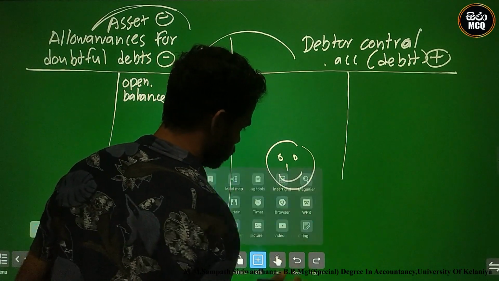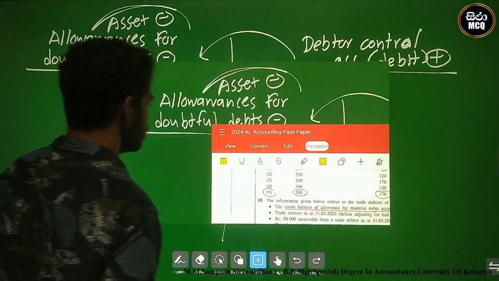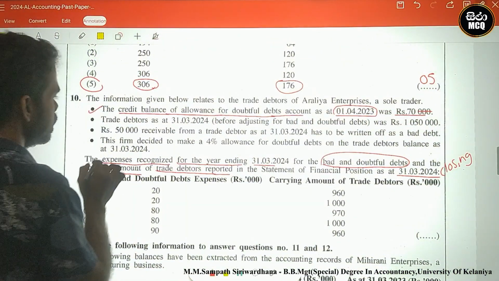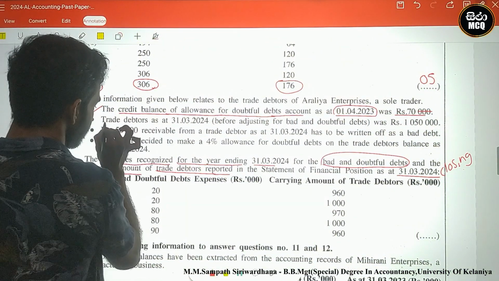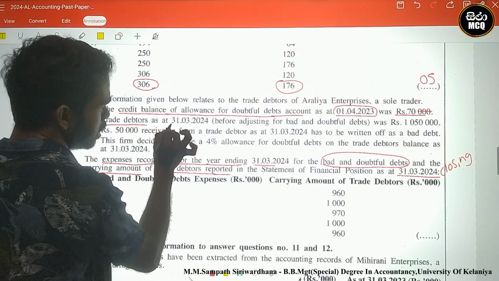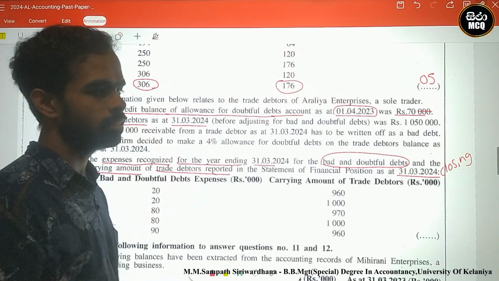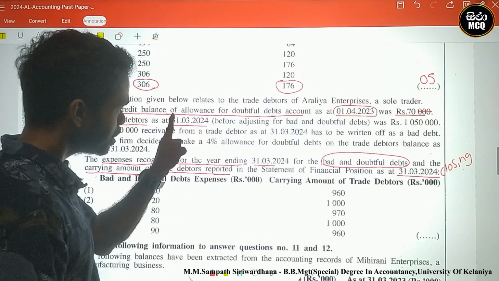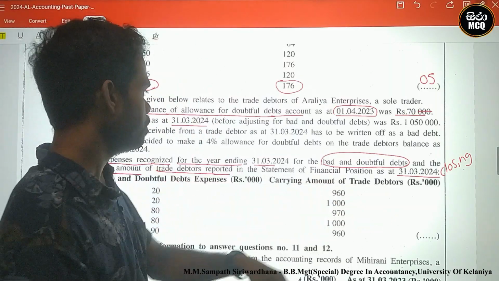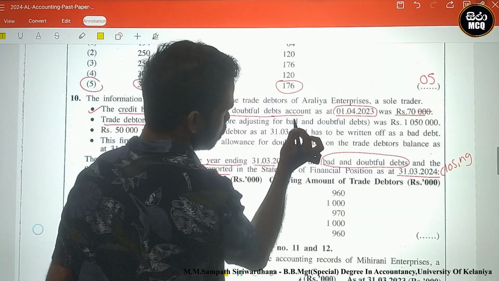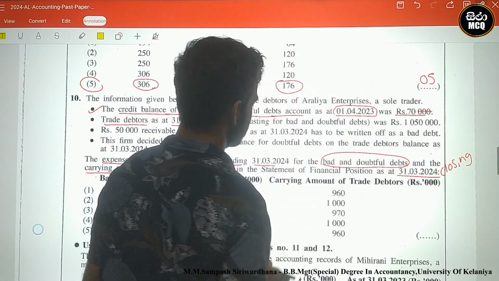The second, trade debtors as at 31st March 2024. This is the closing balance. Now 31st March 2024 means closing, before adjusting for bad and doubtful debts.